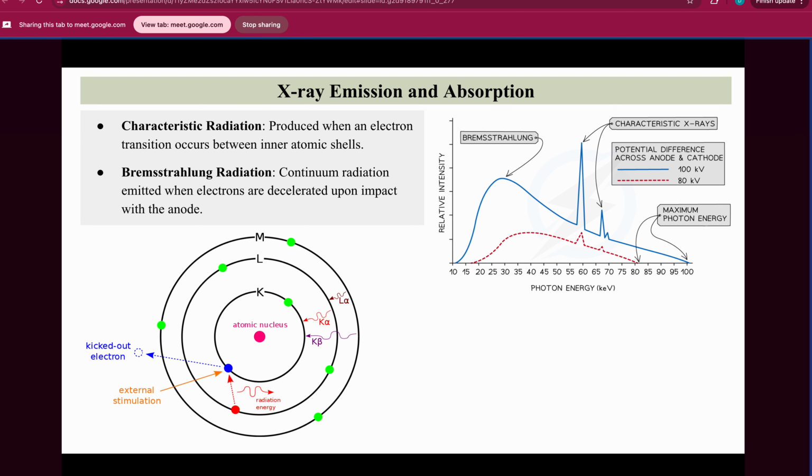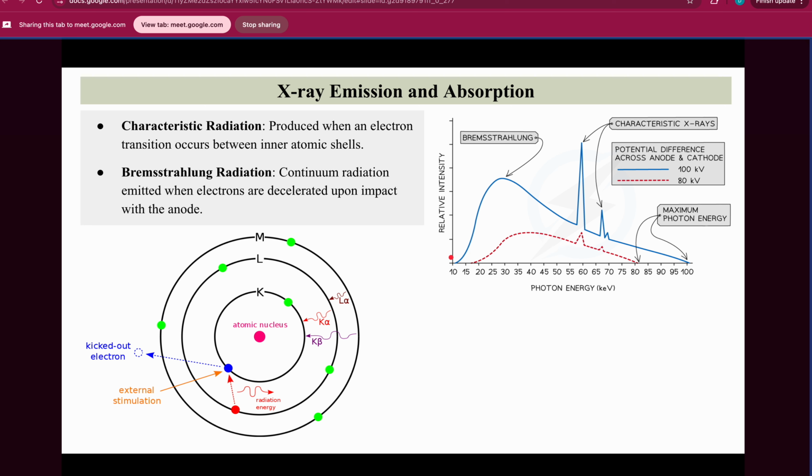That means their speed drastically reduces. After hitting, some continuum radiation is generated, and that is known as Bremsstrahlung radiation.